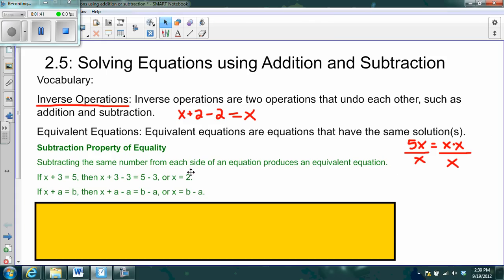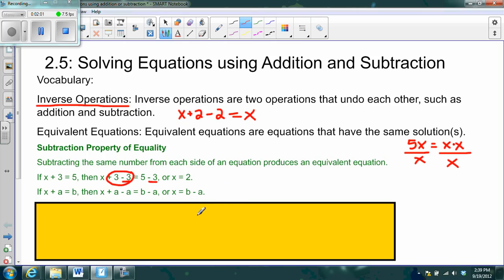So let's go through another example. If x plus 3 equals 5, then x plus 3 minus 3, these two will cancel out because they're inverse, equals 5 minus 3. So we put the minus 3 on both sides, and x equals 2.